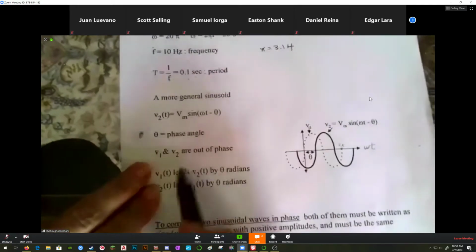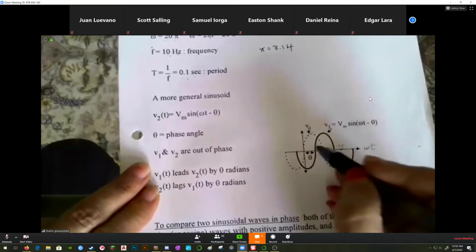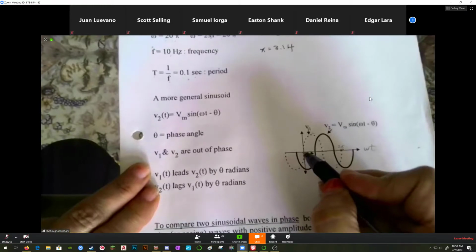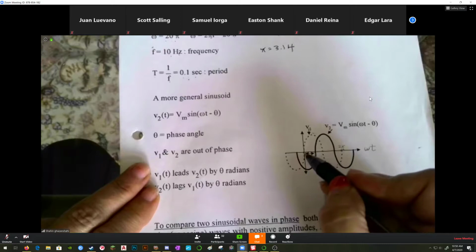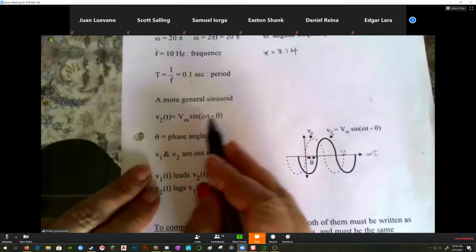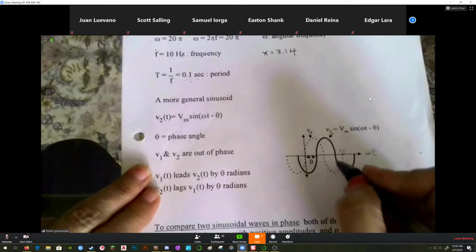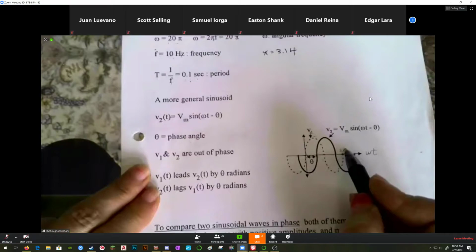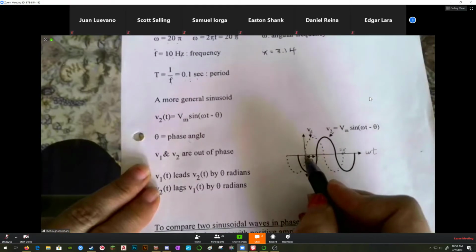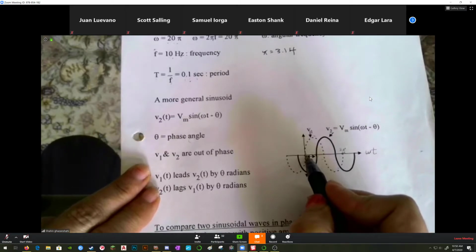So if I plot V1, which is the dashed line, when the theta is 0, it starts from 0, and V2 is shifted by theta units to the right. So this is your V2, the solid line, and the dashed line is V1.